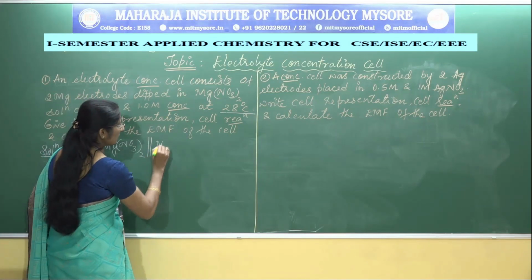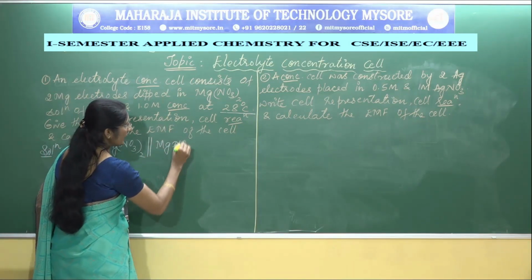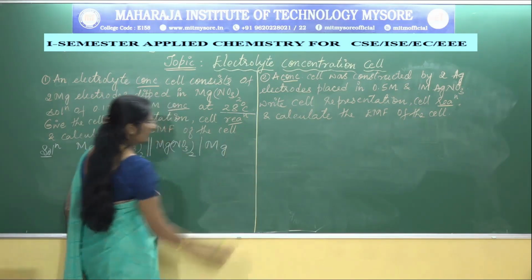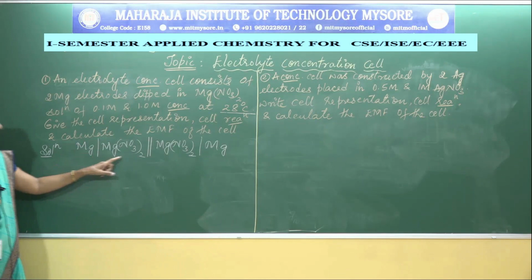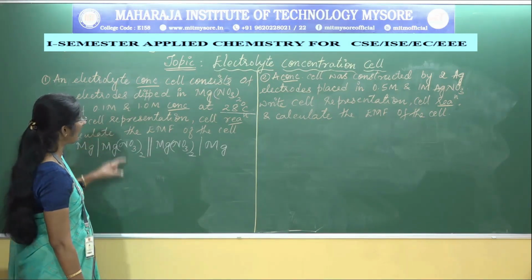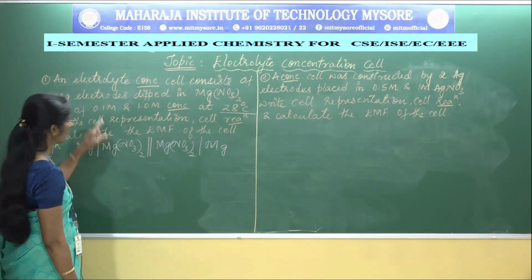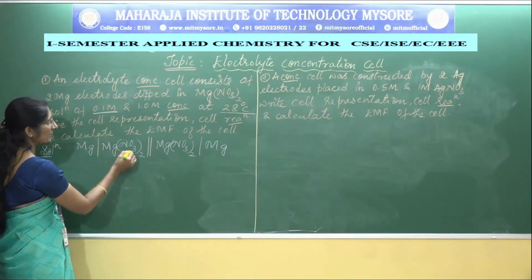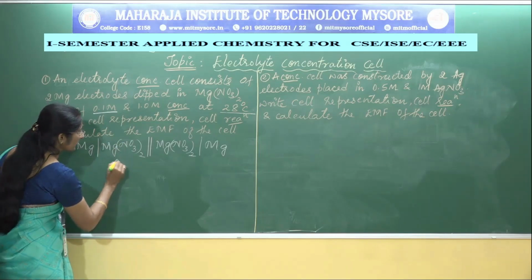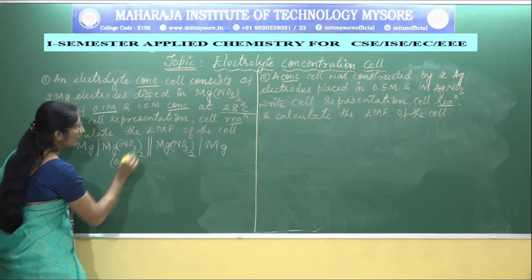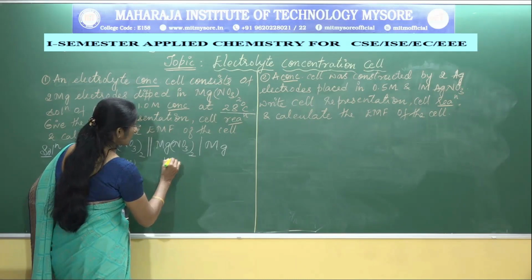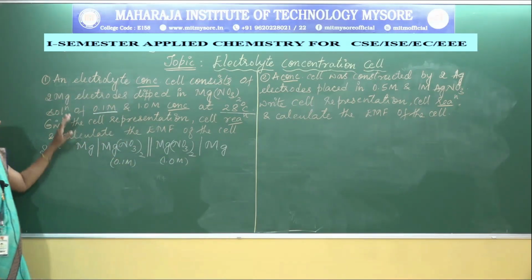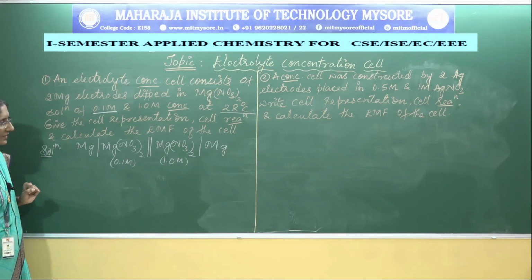Then the cathode representation Mg(NO3)2 in contact with magnesium. Then we have to mention the concentration of magnesium nitrate at the anode and cathode compartments. Always the lower concentration should be represented for the anode, so it is 0.1 molar, and the higher concentration for the cathode, that is 1.0 molar. This is the representation for this magnesium concentration cell.